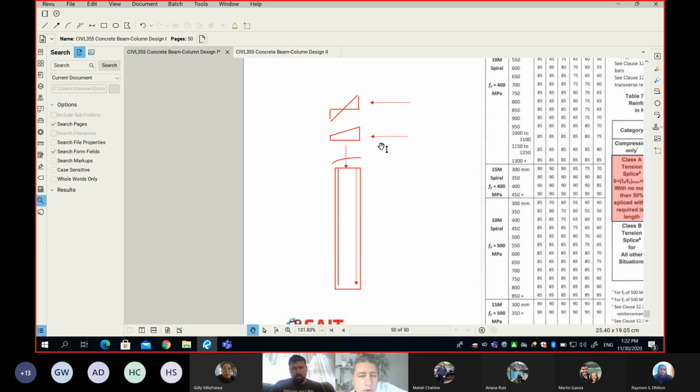One side will be more compression and the other side less compression. Exactly at the one-third, one side will be zero stress and the other side compression. If you go outside the middle third, then one side will be compression and the other side tension.